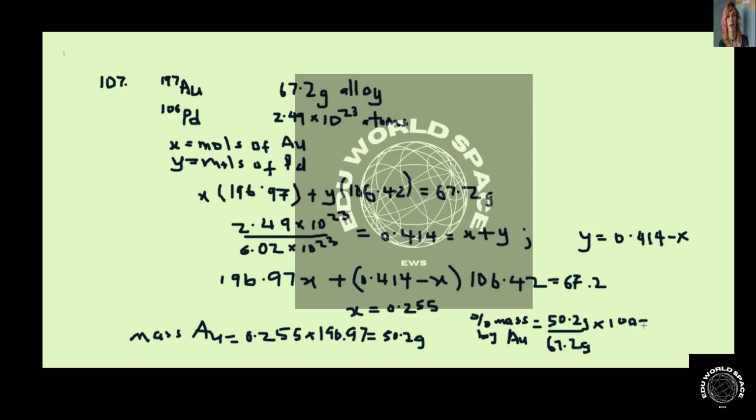And this ends up being approximately 74.7%, right? So we know that the percent mass of gold is around 75%.